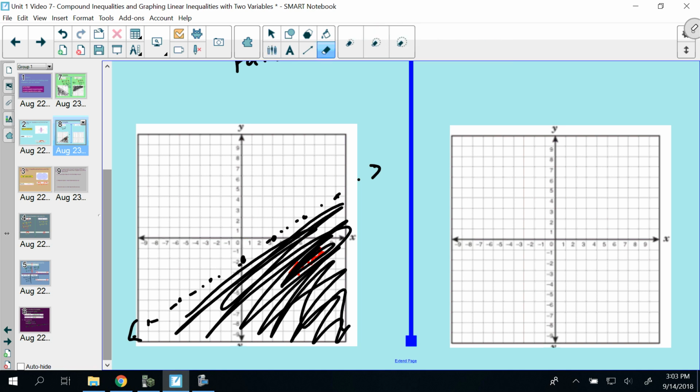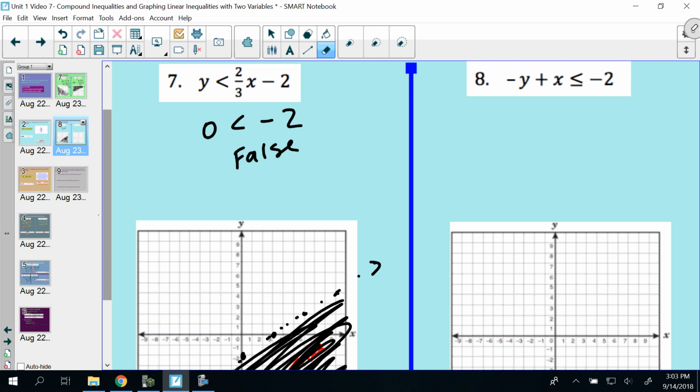All right, one more of these here just to make sure. This one, when getting it in slope intercept form, we'd want to get that x to the other side again by subtracting an x. That cancels that out. Now, writing out the rest of this, we're not quite to slope intercept form because we got -y is less than -x minus 2.